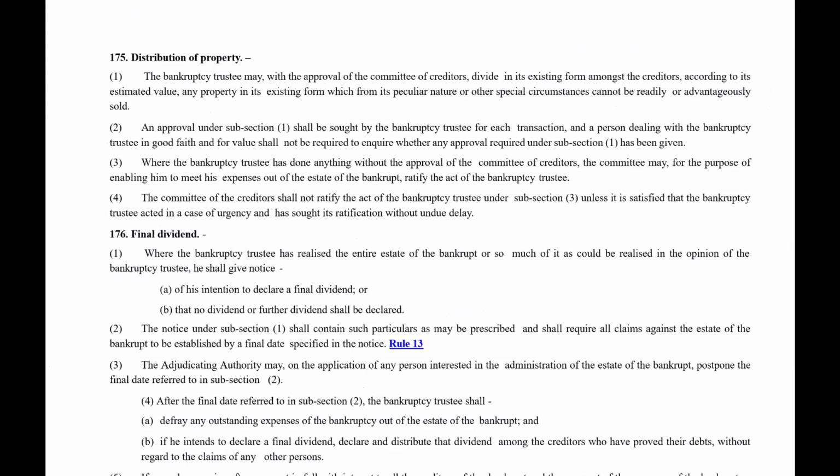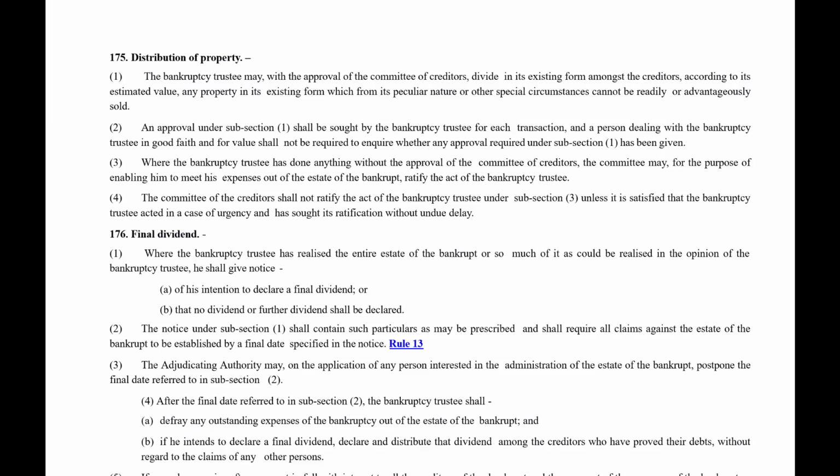Which from its peculiar nature or other special circumstances cannot be readily or advantageously sold. So take the case of laptops. Suppose old laptops are there. They are no more saleable, but they are with the employees and employees have got dues also. So he may distribute them. But he has to take the approval of the committee of creditors.